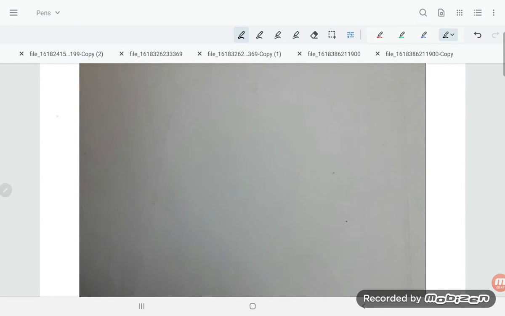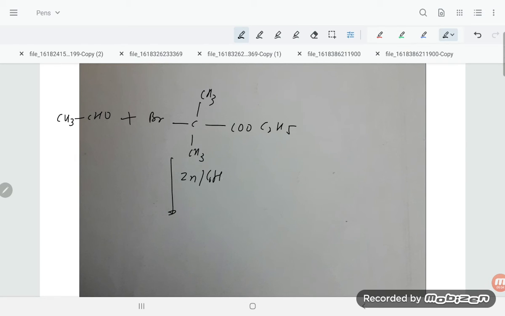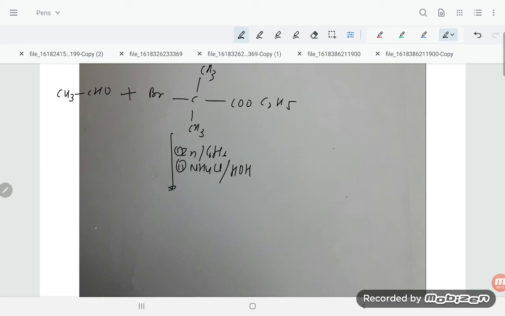One more example, let us see. Here is CH3CHO, and with this the Br is going to attack, and here is a 3-degree alkyl halide, with COOC2H5. The same condition is there: zinc in benzene, C6H6, is the first case. The second case is NH4Cl, and we are treating with HOH. So you can see the beta-hydroxy ester will form, so OH will be there.